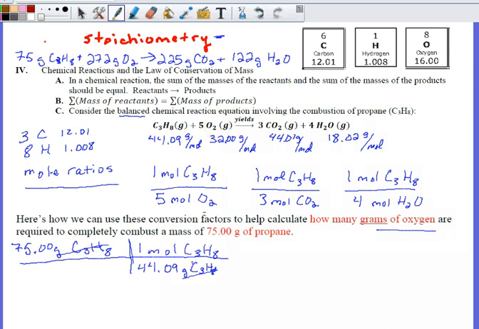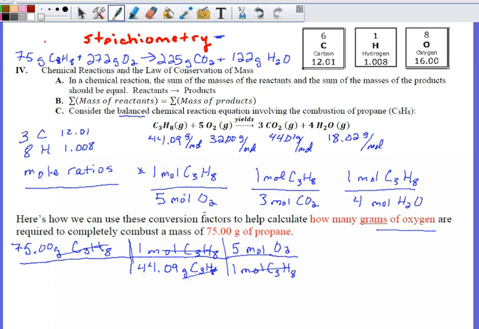But once you get to moles, and we have this mole ratio that relates propane to oxygen in terms of moles, then I can use that conversion factor, and I'm going to put the C3H8 part on the bottom. So 1 mole of C3H8 requires 5 moles of O2. And then I can start talking about my oxygen now. So that's where that little mole ratio came in.